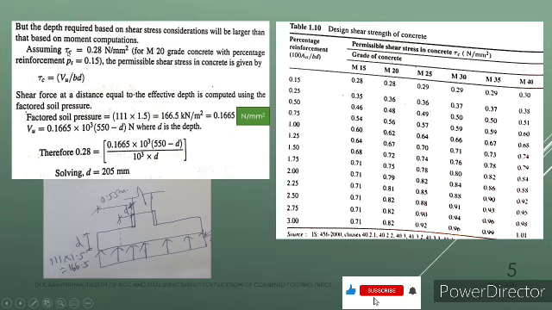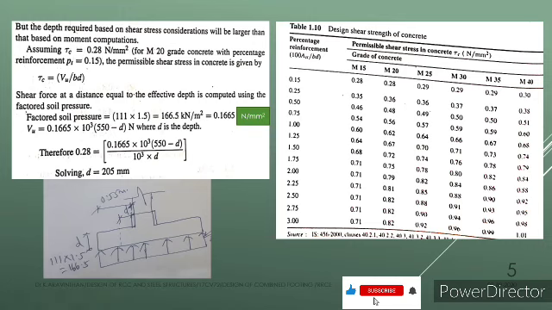Let us assume tau c as 0.28 Newton per mm square for M20 grade concrete. So this is a table which is available in IS 456 for identifying the design shear strength of concrete. If you want to find the tau c, you need the grade as well as the percentage of reinforcement. Now we know the grade of the concrete.